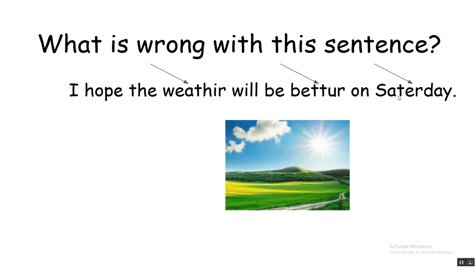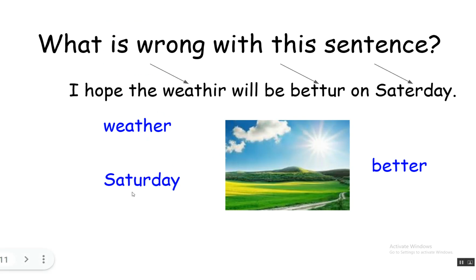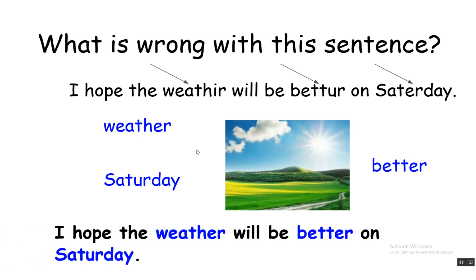Saturday. There's the UR there. It's in the middle of a word. And there's three syllables. Saturday. Weather is ER. Better is ER. It's the ER ending of the word. Saturday, because it's in the middle. So the correct spellings: I hope the weather will be better on Saturday.